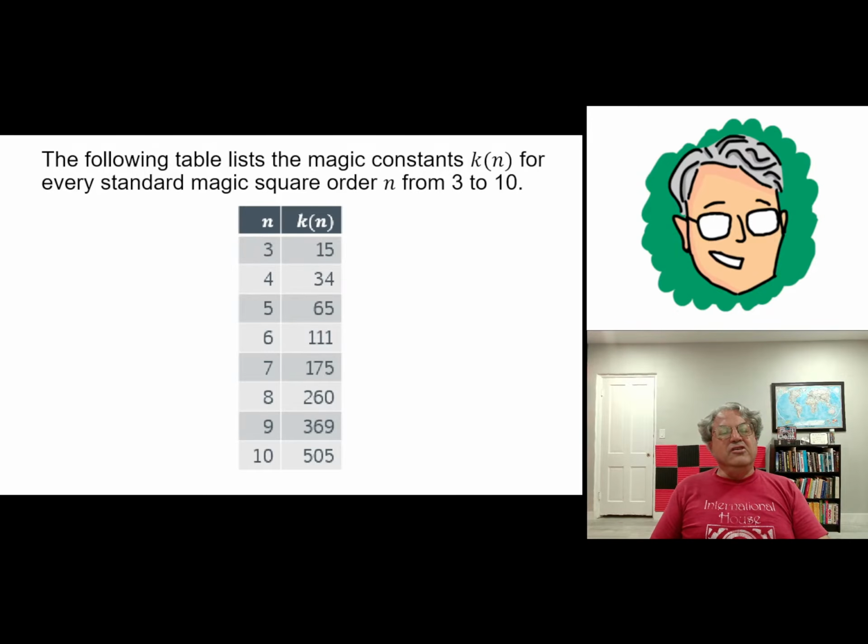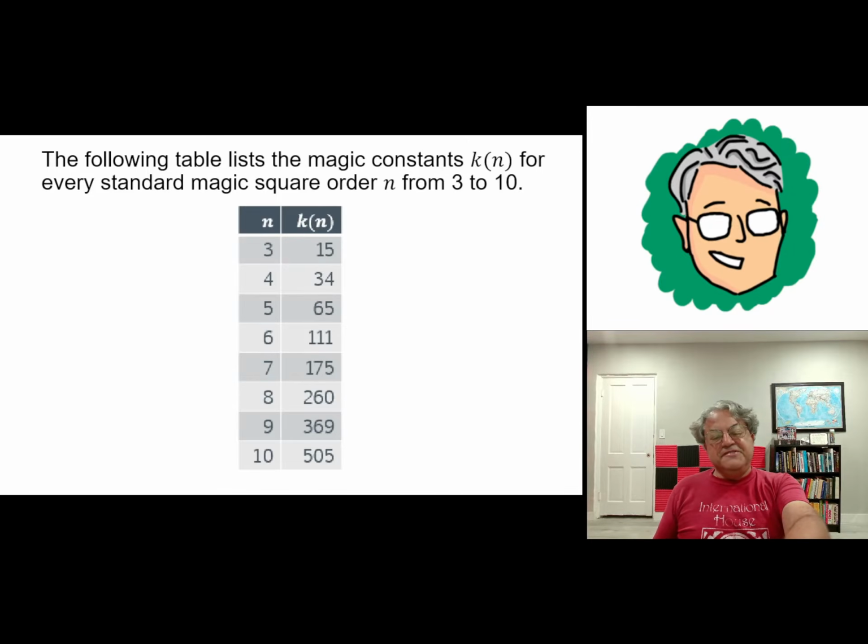It turns out that magic squares exist of every order except 2. When n equals 1, there's a trivial case, just a square with a single element 1, so the magic constant would be 1, but we don't really care about that one.